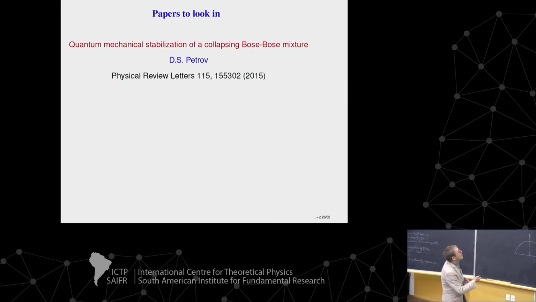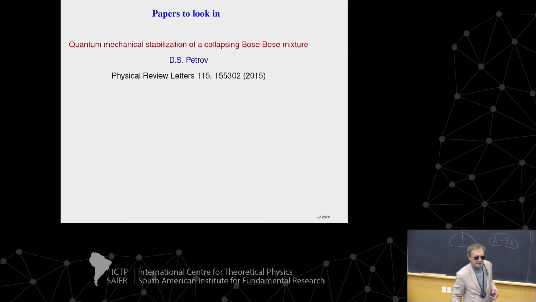In this absolutely remarkable paper by Dima Petrov, which was published in 2015, he considered a different system, a two-component Bose-Einstein condensate, but it doesn't matter, the idea is there.